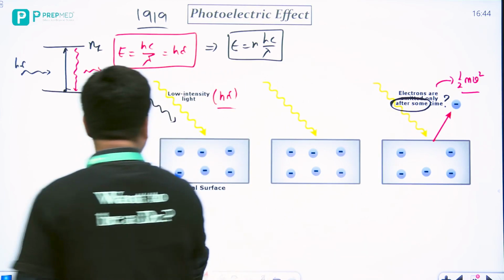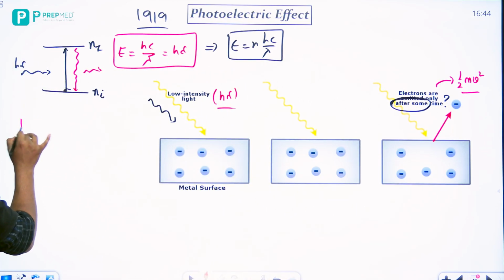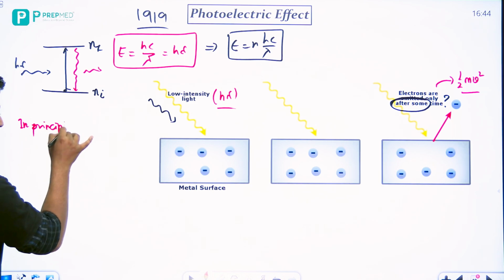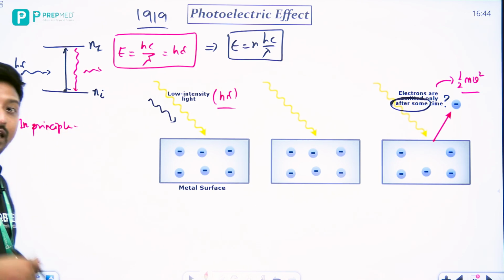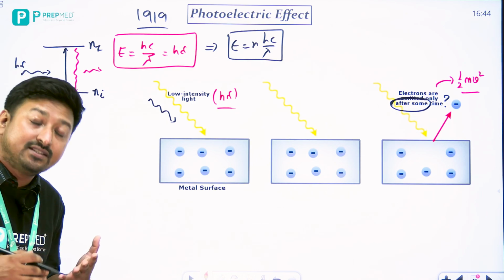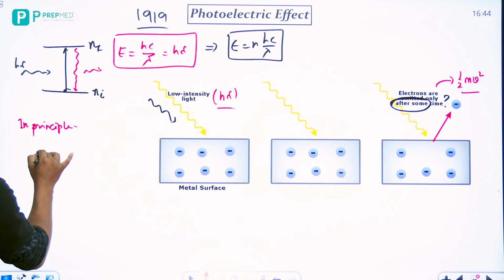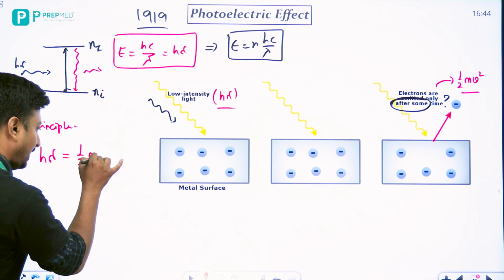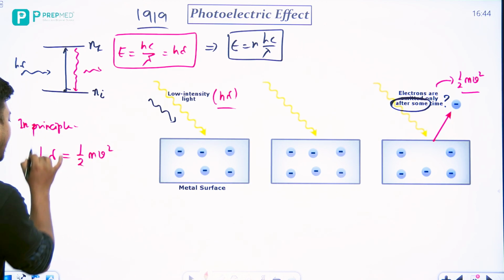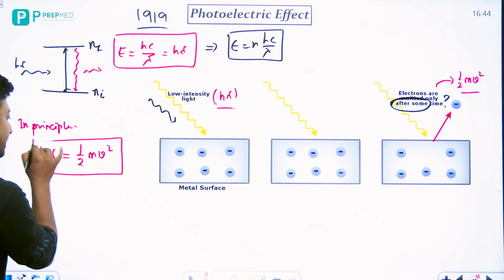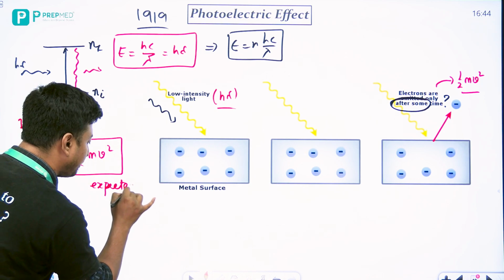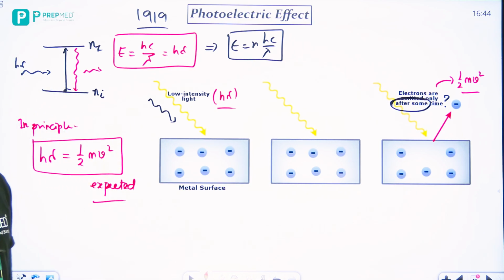So in principle, if I want to follow the law of conservation of energy, then beta, this should have been half mv square. This is expected, but this does not happen.